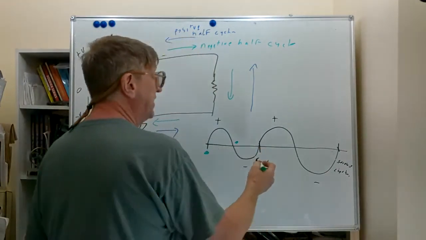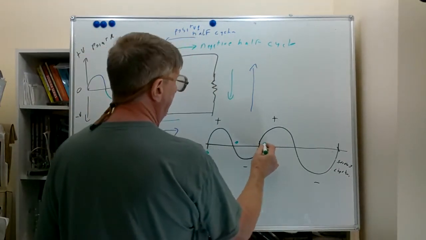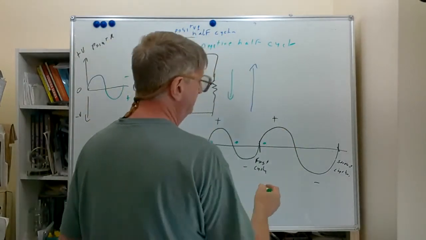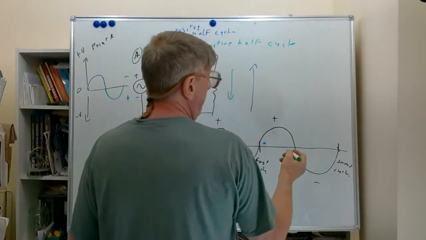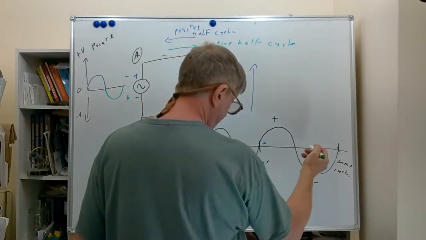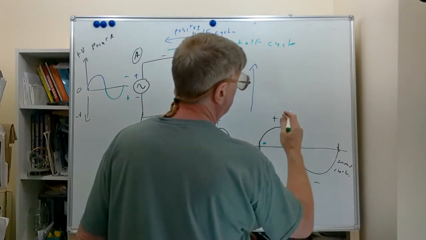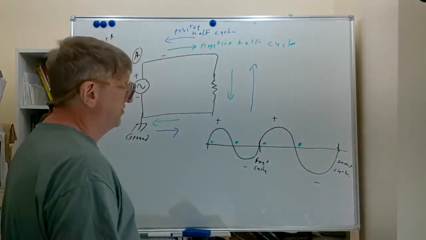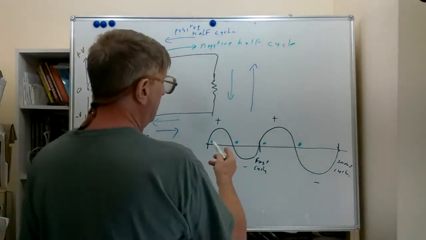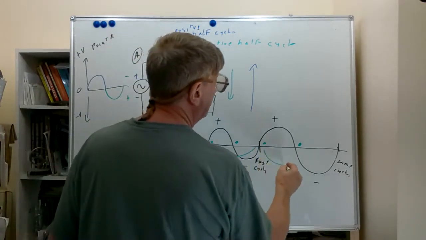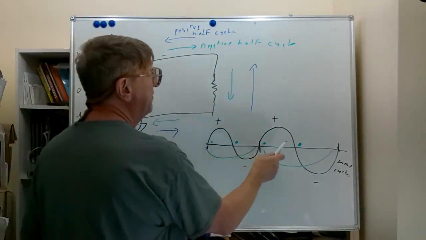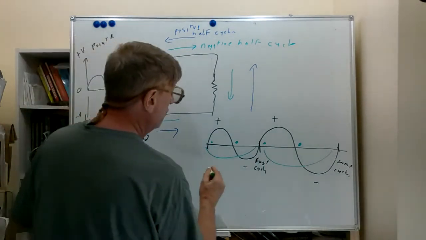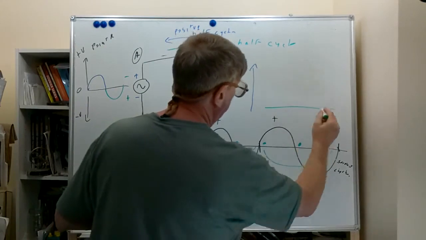At the end of the first cycle, beginning of the second cycle, we had another change in direction. And at this point, we went from positive half cycle to the negative half cycle in the second cycle. We had another change in direction. We noticed for this cycle and this cycle, we basically have 1, 2, 3, 4 changes of direction, even though it was only 2 cycles.